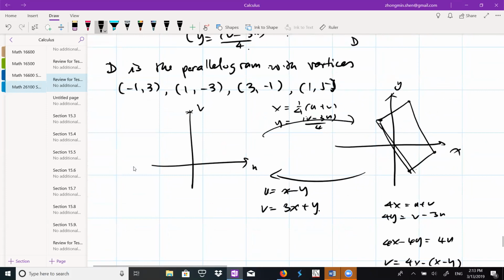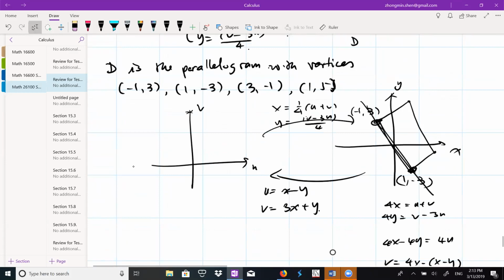What happens here is the points along this line, I'm pretty sure it has negative slope, have the same v value. You can try this, right? Here's 1, -3, and this will be -1 and 3.